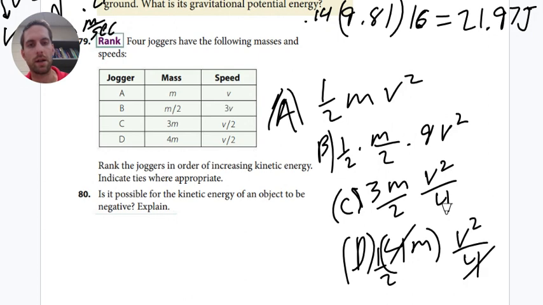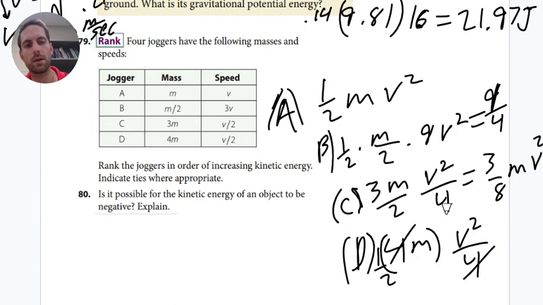And it goes 3 over 8 mv squared, 9 over 4 mv squared, and 1/2 mv squared and 1/2 mv squared.